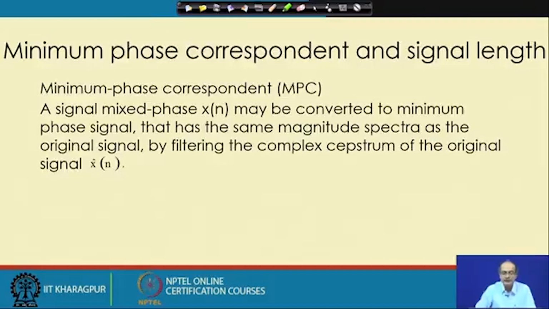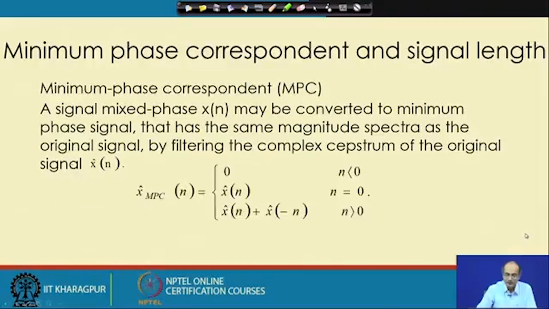So, starting with that signal which is composite phase, we not only can separate the two parts, the minimum phase component and maximum phase component, we can convert it to the minimum phase component altogether, which preserves the amplitude spectra of the signal. However, we are making it in such a way that only the minimum phase part is preserved.